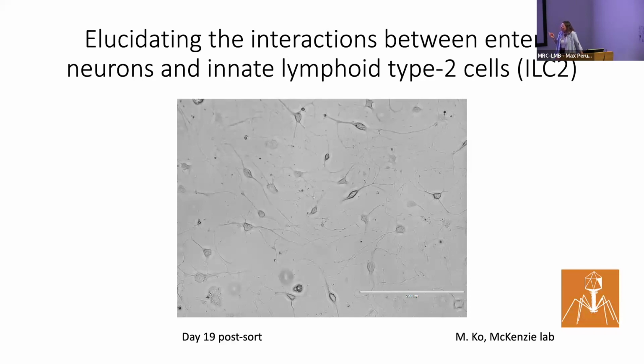So again, one of the things that's quite challenging about Michelle's project is there's a couple different things. One is just dissociating these and getting them into a single cell suspension without causing any kind of perturbation and preserving viability. The other challenge is that the morphology of neurons is such that they're not probably the easiest thing to sort.